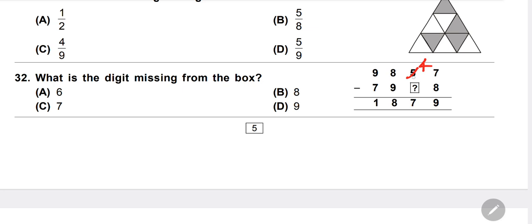So we get this number. We must have 7. So 14 minus 7 is 7. And here is 8 because 1 carried. So it must be 7, and then it must be 17 minus 8. Okay. And here 8 minus 7 is 7. So 7 is the answer? Yeah, this is. Next question.